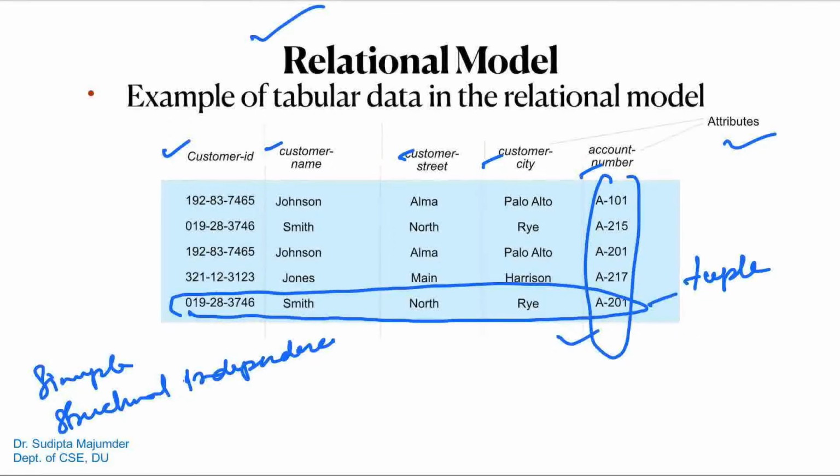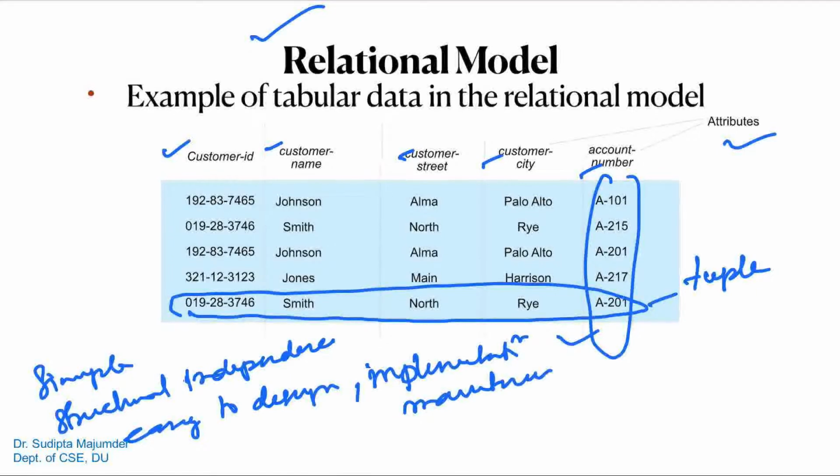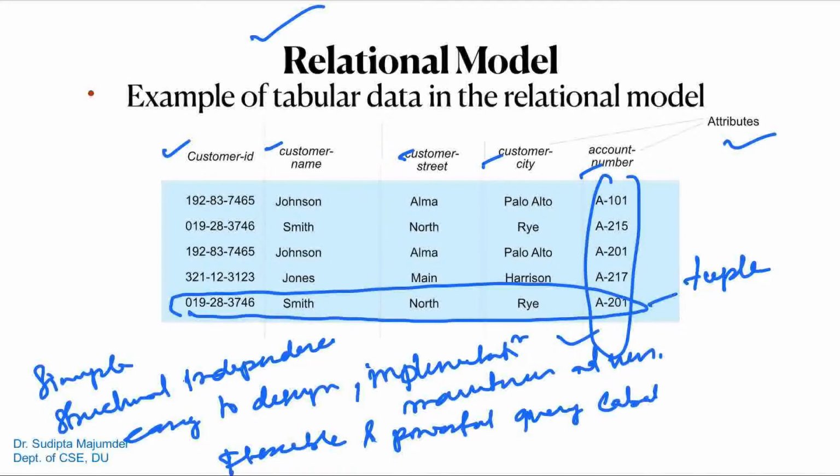The third advantage is that it is easy to design, and also easy for implementation, maintenance and use. The fourth advantage is that it has very flexible and powerful query capability.